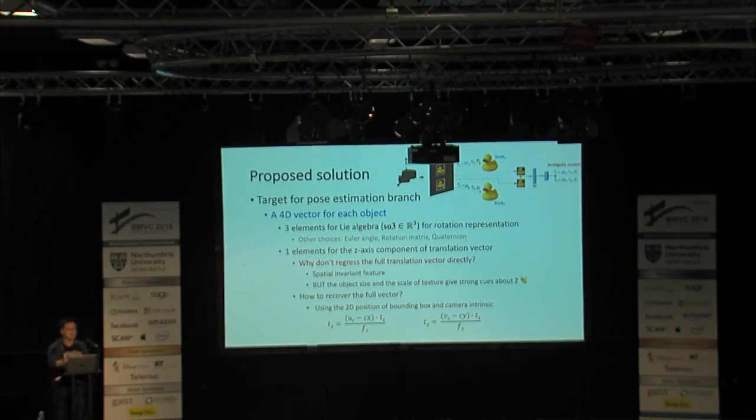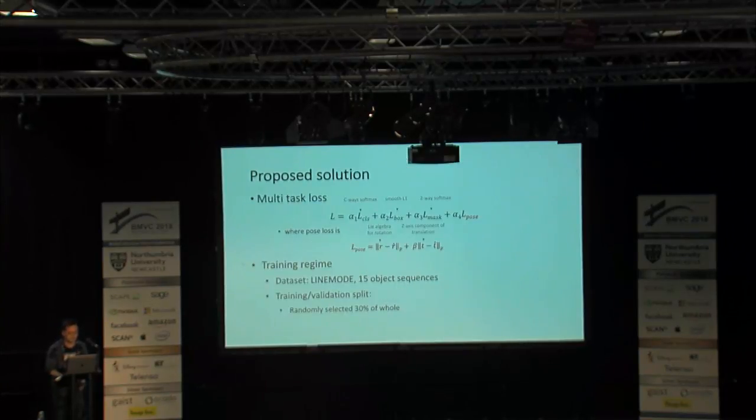The point we want to make here is that the object size and the scale of the texture give us a very strong cue about z, so we just ignore x and y. We recover the x and y of the translation with the camera model, since we have the position of the bounding box.